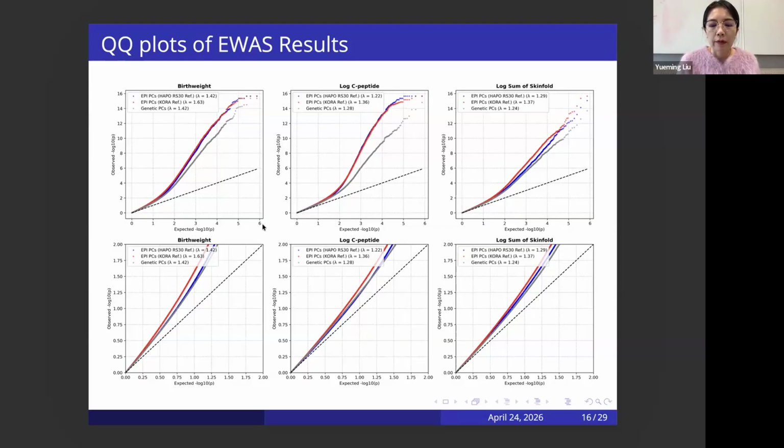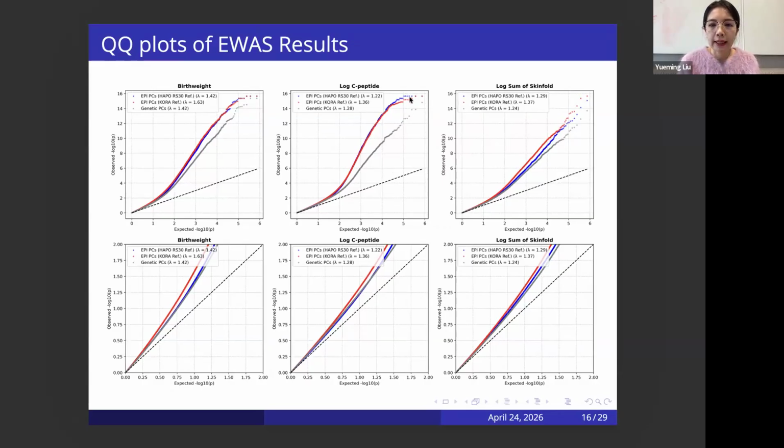And if we zoom in on the QQ plots in the lower range of the distribution, if we take a close look at the blue and gray lines, we can see that the haplo is able to better control the inflation in the bulk of the distribution.